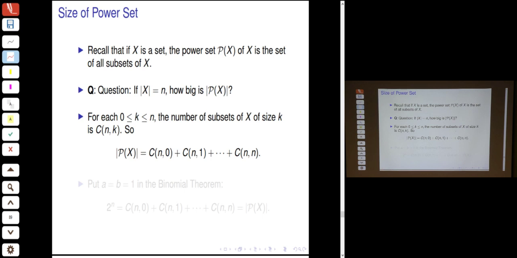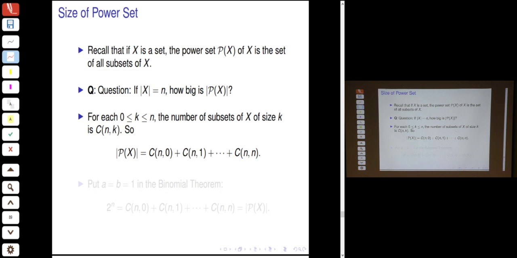So you see, for each k between 0 and n, the number of subsets of X of size k is n choose k. Therefore, you count the number of subsets of X of size 0, and then size 1, and size 2, all the way to size n, right?